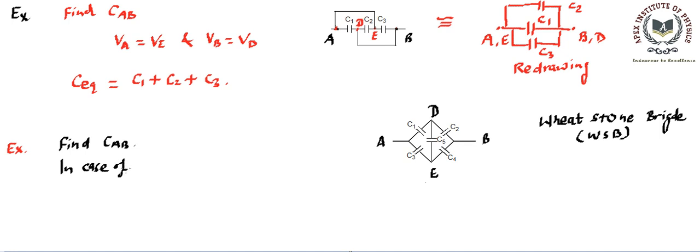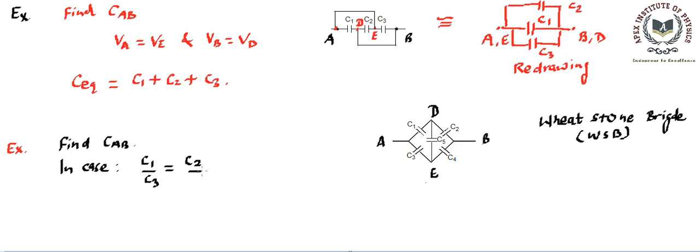So we will say, if we find a particular condition, that condition is that the ratio of their corresponding capacitances are equal. That means in case we find C1 divided by C3 equal to C2 divided by C4.